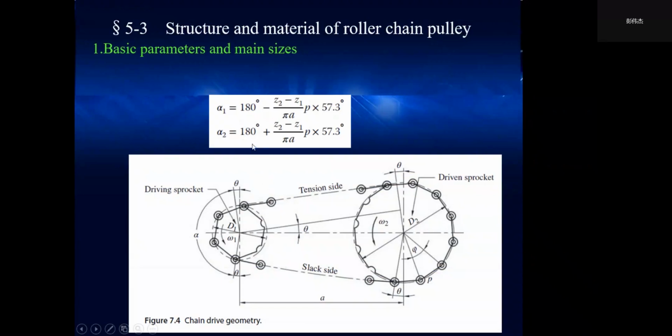It can be expressed like this: the contact angle for the driving sprocket alpha 1 and the contact angle alpha 2. Use this to calculate.